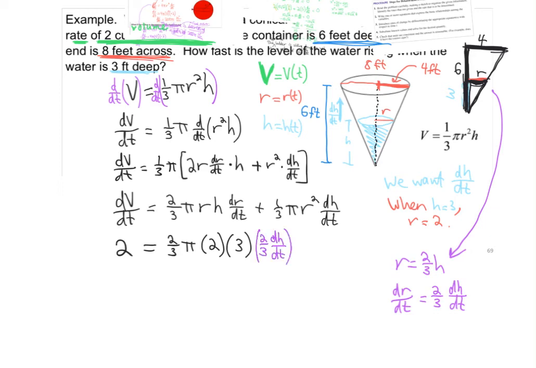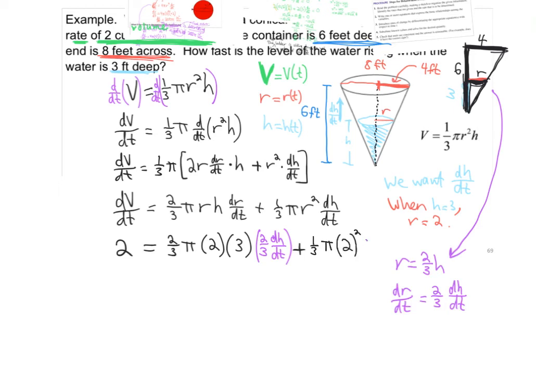2/3 dh/dt. Again, we still don't know what dh/dt is. It's what we're trying to solve for, but that's okay. We are getting closer. All right, the next term in this equation that we've been working with, so we're back to this equation and plugging in what we know, is we have 1/3 pi r squared, remember r is 2, times dh/dt.